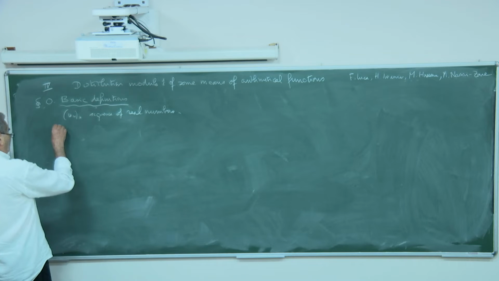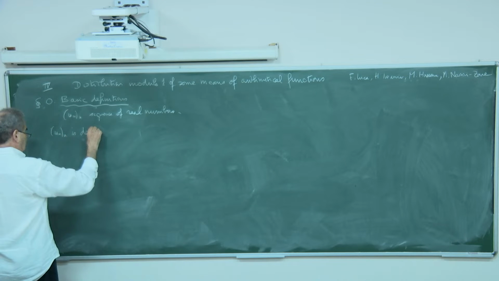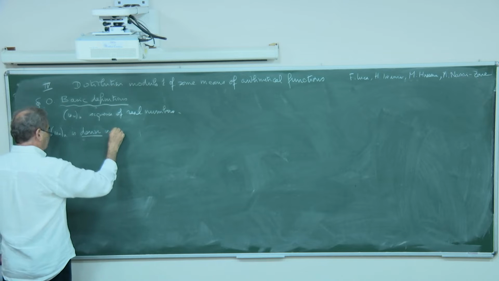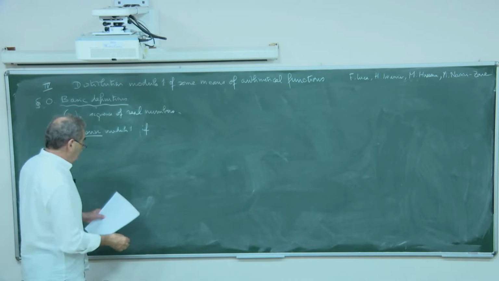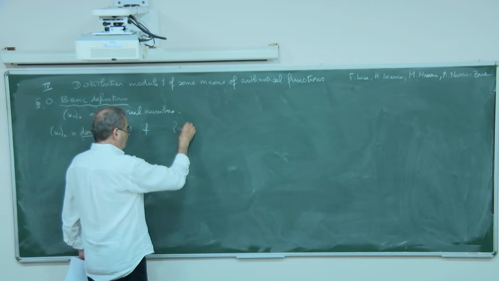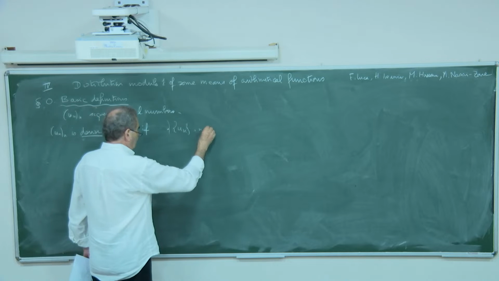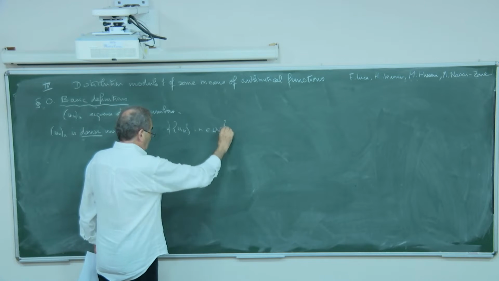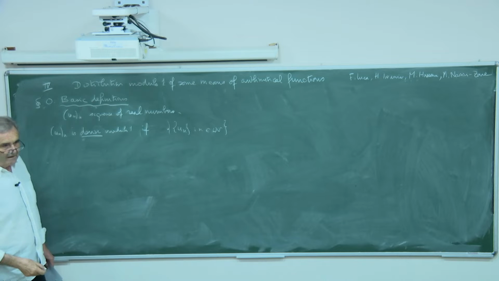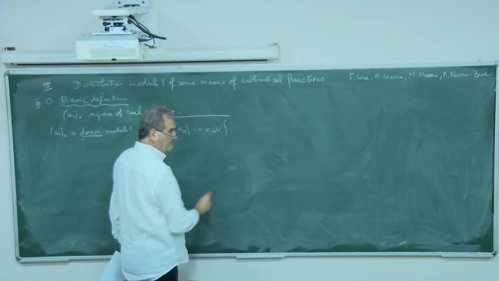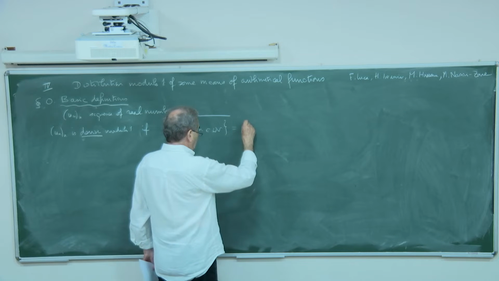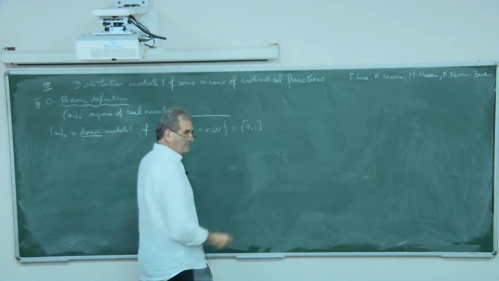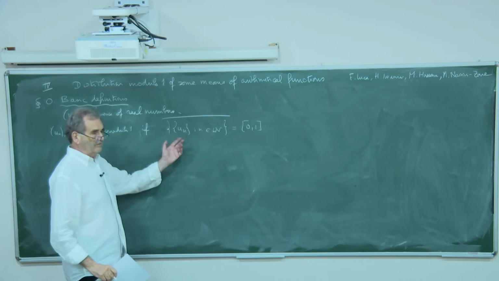So we say that u_n is dense modulo 1 if you have the following: when you take all the fractional parts of u_n, n belongs to N, so it is a subset of [0,1], and when you take the closure of that, in the usual topology, this is [0,1].